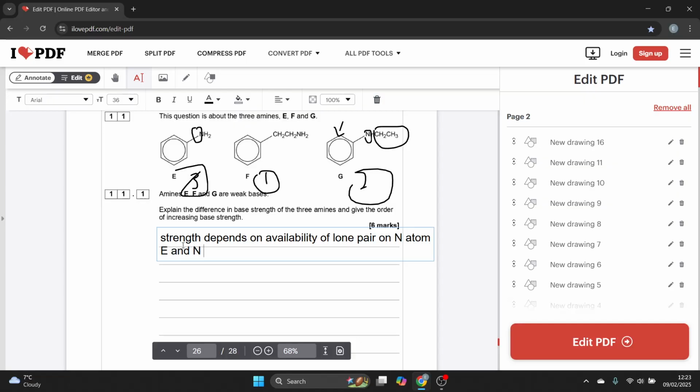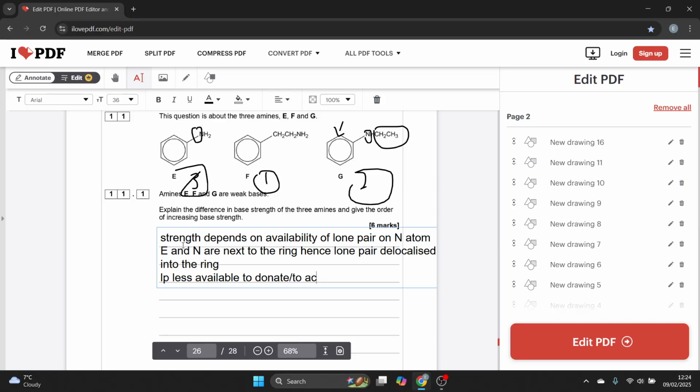E and G are next to the ring, hence the lone pair is delocalized into the ring. Lone pair is less available to donate, to accept a H plus.